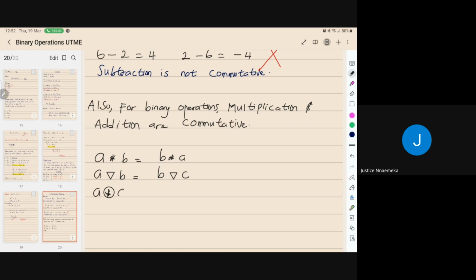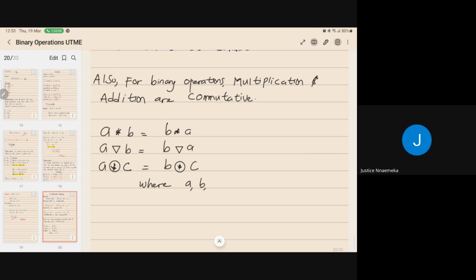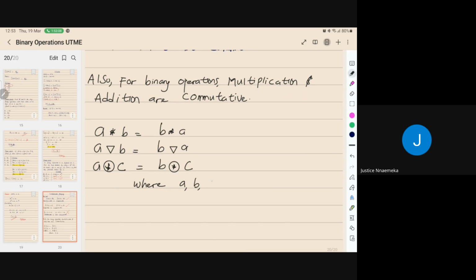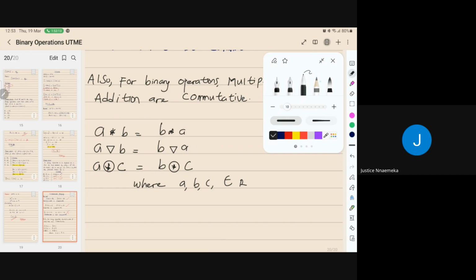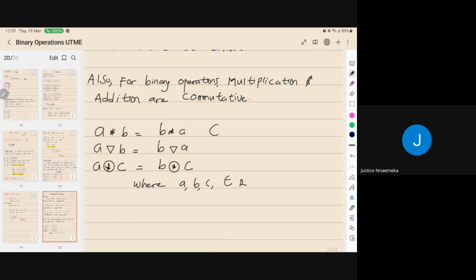Let's say A asterisk B is equal to B asterisk A. So any of those binary operations that you've seen, it holds right there. Where A, B, and C are elements of the real numbers. So this is what we call the commutative property.